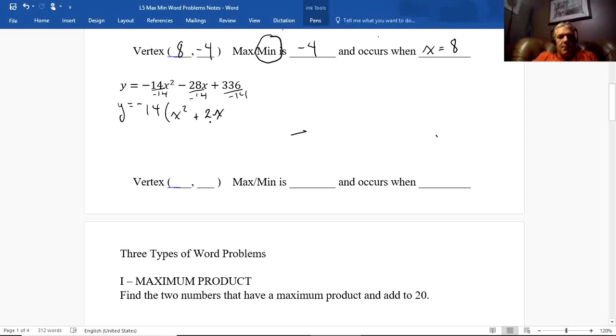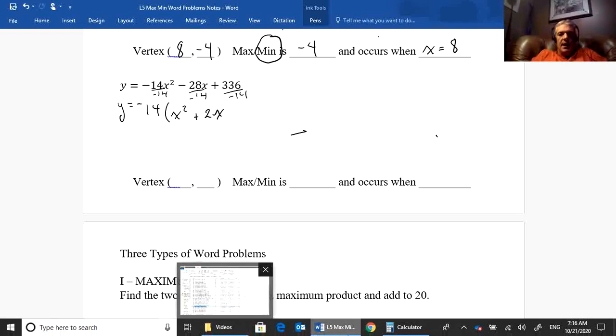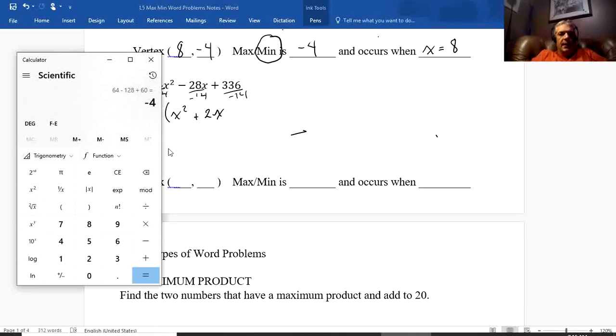Minus and a minus is going to be positive. Now, I'm not sure what 336 divided by minus 14 is in my head, so I'll bring my calculator back out again. I'll clear it, and I'll say 336 divided by minus 14.